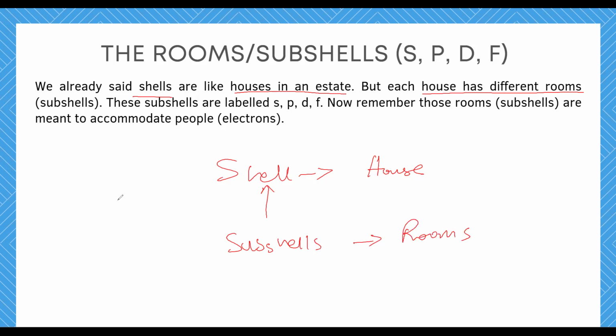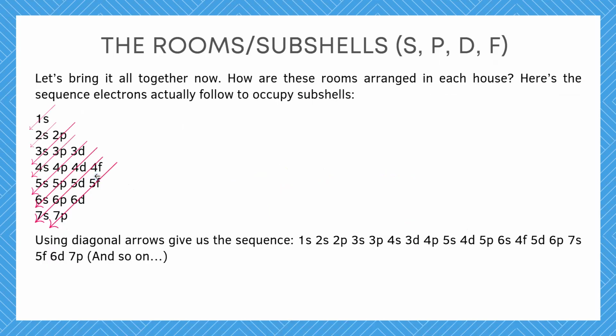And then we have 4 different types of subshells: the S, P, D, and F subshells. So these subshells are the places where electrons are accommodated or reside. So let's see how to write down electronic configuration. We are bringing everything together now.